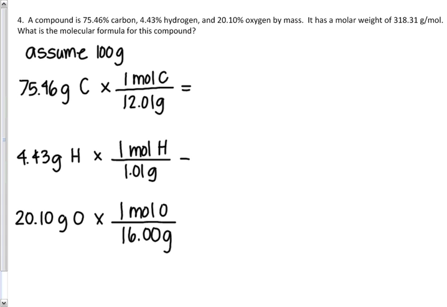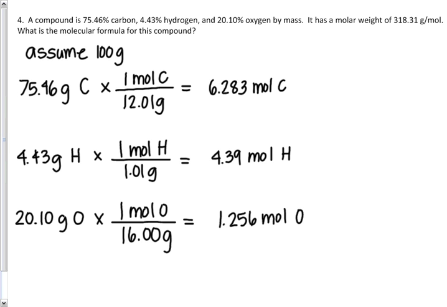Using your calculator, you can calculate the answers to all 3 of these, and you do want to be careful with significant digits. For carbon, you're going to get 6.283 moles of carbon. The hydrogen, you get 4.39 moles of hydrogen. And for oxygen, 1.256 moles of O.